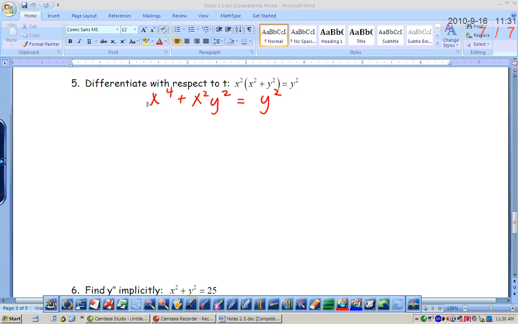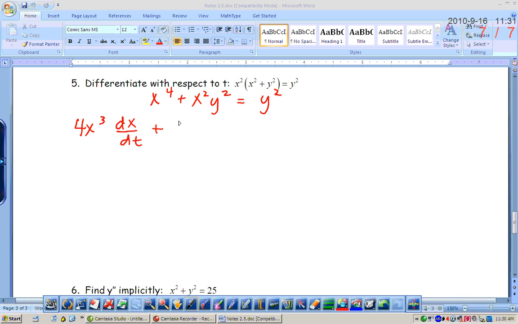All right, so the derivative of x to the fourth with respect to t will be 4x cubed dx dt plus. Okay, now I'm going to have to use the product rule with x squared and y squared.